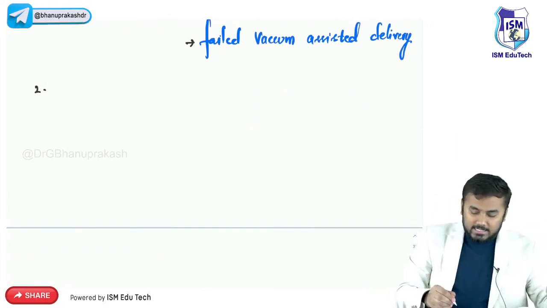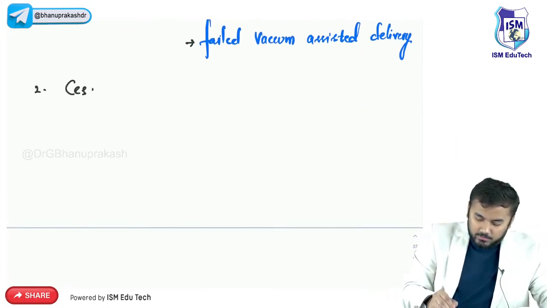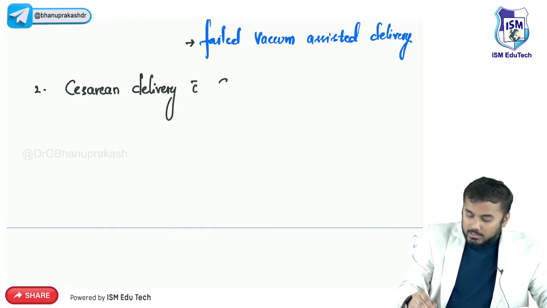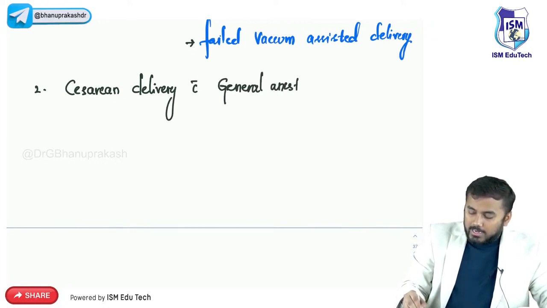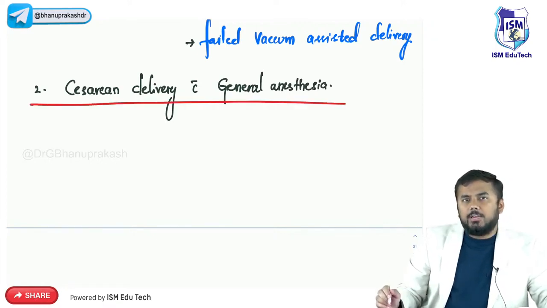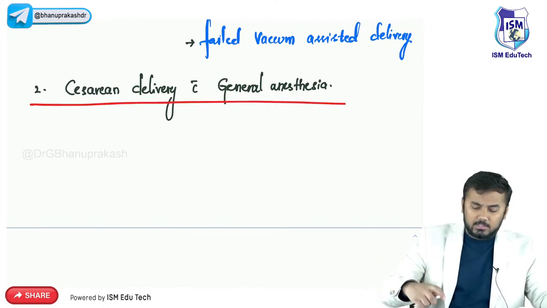What about cesarean section? C-section. Cesarean delivery with or under general anesthesia. Can anyone tell why cesarean section delivery under general anesthesia will lead to reduced blood supply to the fetus?